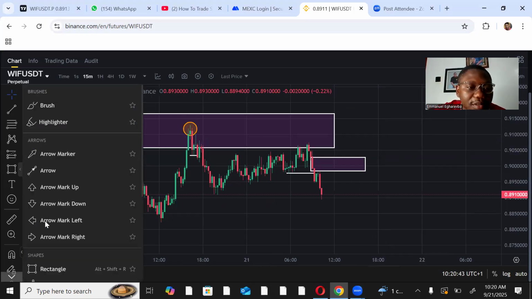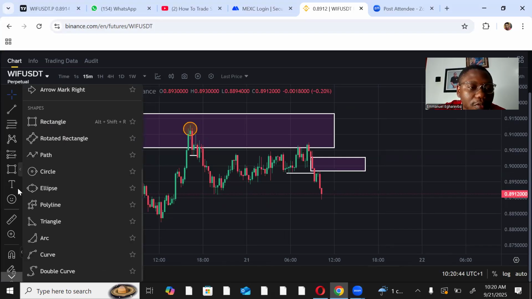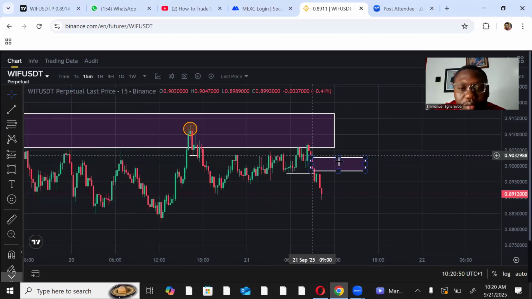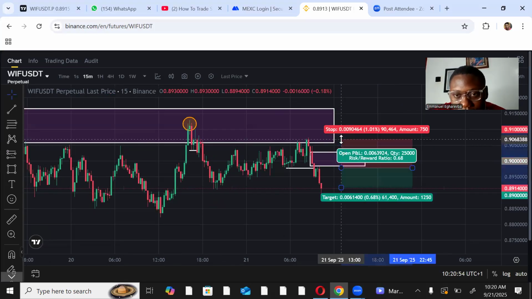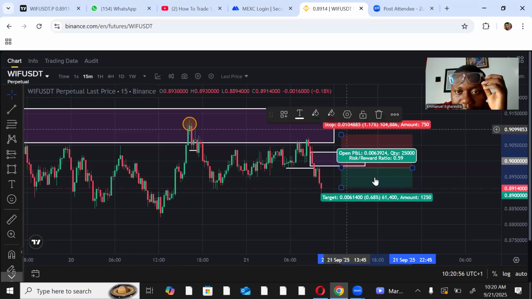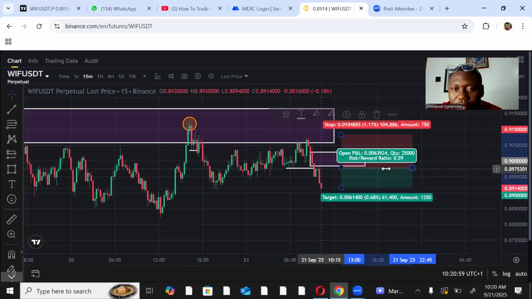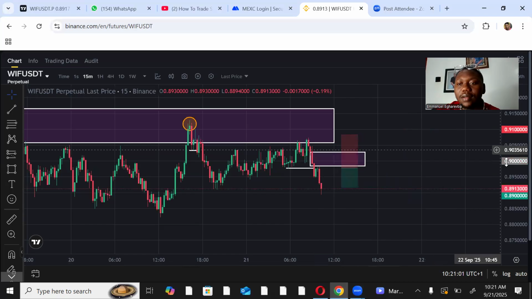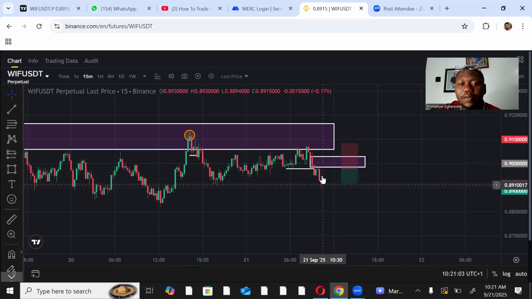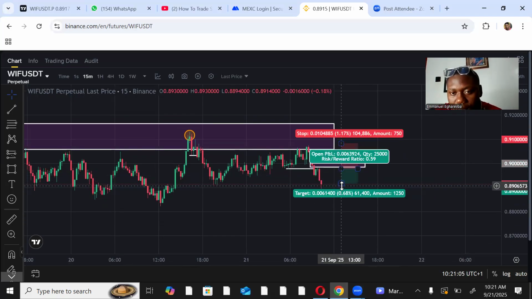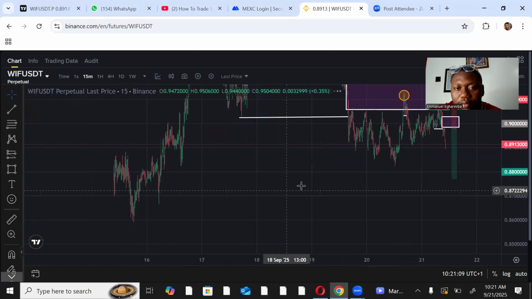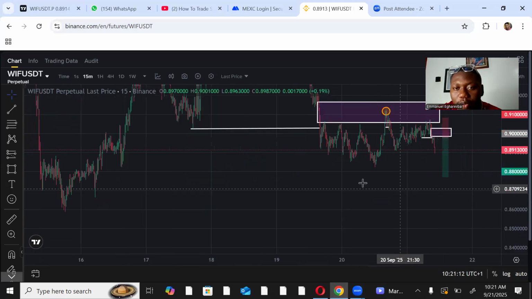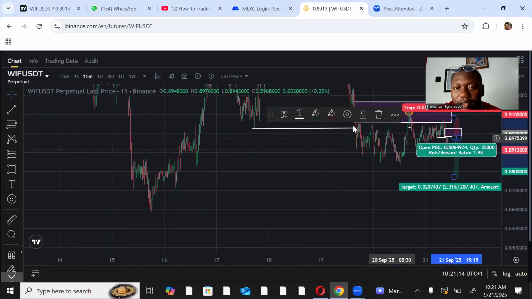I've already set my limits. I would get in from that region, come here, put my stop slightly above this zone. You can see this clearly. Then I will go for the extreme low, because all of these points will now be what? Liquidity.